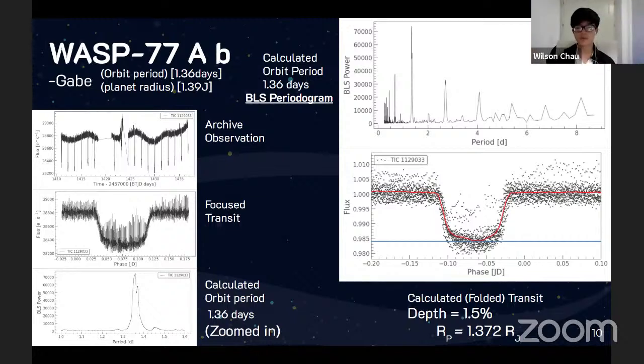Yes, for a majority of the planets we were looking through, a lot of them had the same or very close to the values archived on the NASA Exoplanet Archive. At most, there were slight differences, but that could be due to our precision in placing the X line, which you could see on the scatter plot, the blue line. It basically differs from the dip of the brightness of the light.